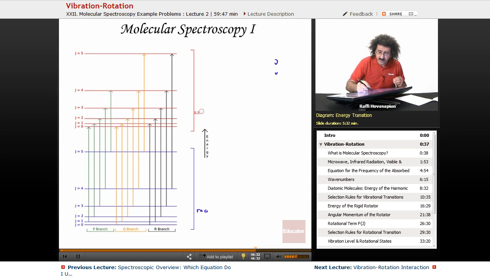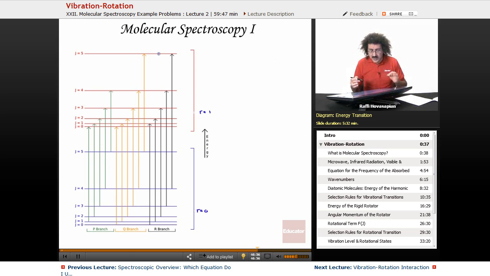So this is R equals 0, the 0 vibrational quantum state, and here this is the R equals 1 vibrational quantum state. Notice within each vibrational level there are several rotational levels: j equals 0, 1, 2, 3, 4, and 5. And of course the upper level has its own rotational quantum states: 0, 1, 2, 3, 4, 5.